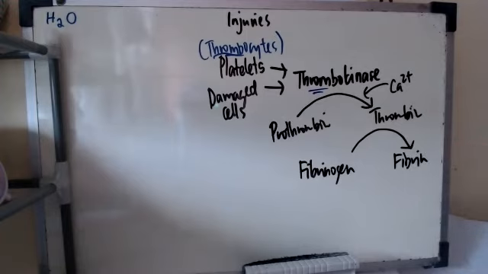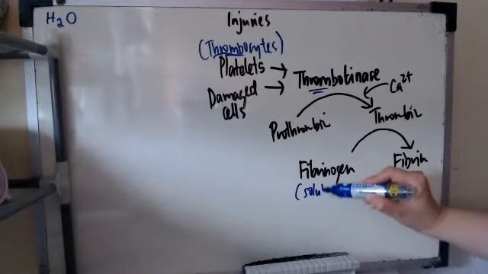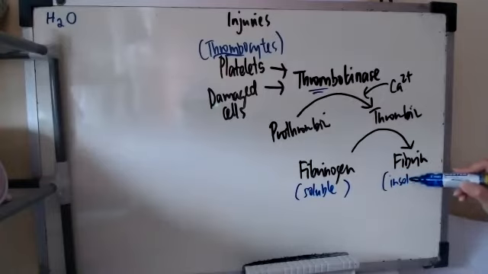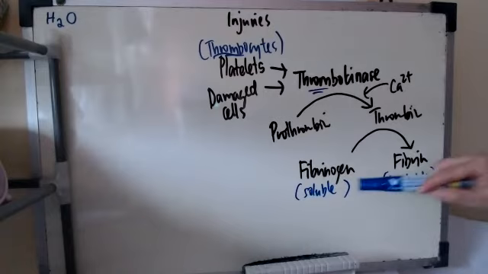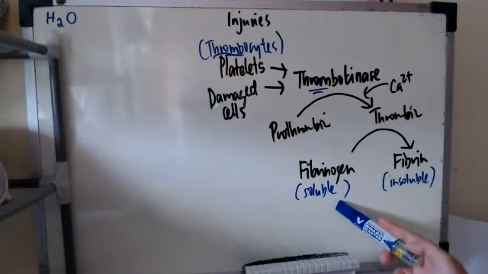Fibrinogen is soluble, while fibrin is insoluble. So basically what happened is, this is soluble plasma protein. You have heard of plasma protein before. So this is one of them, the plasma protein. Normally it is soluble.